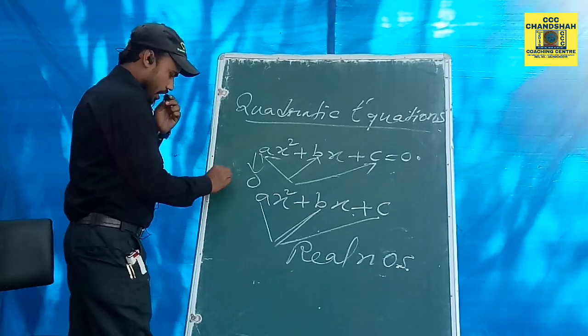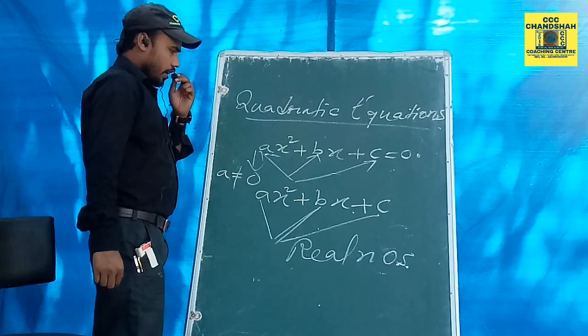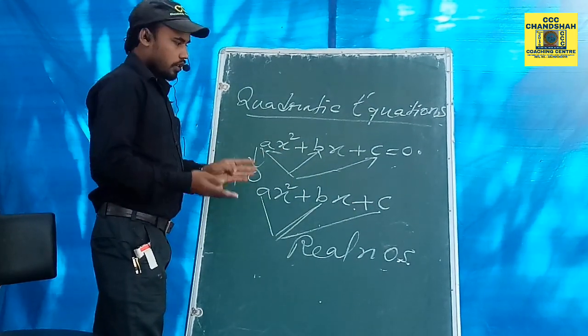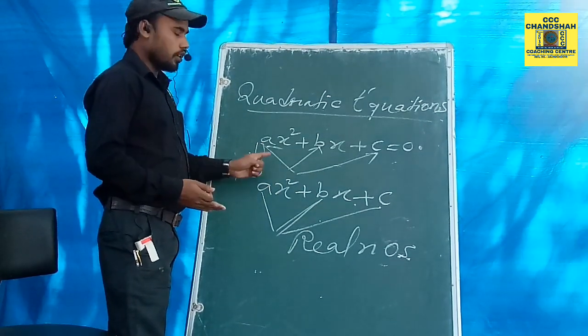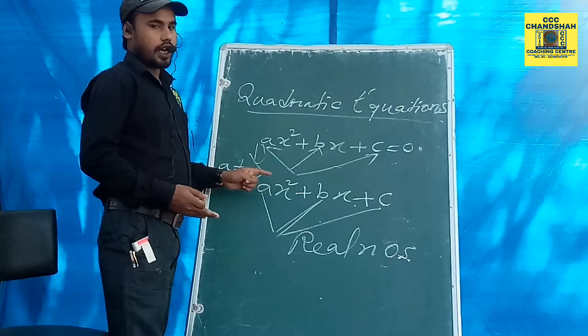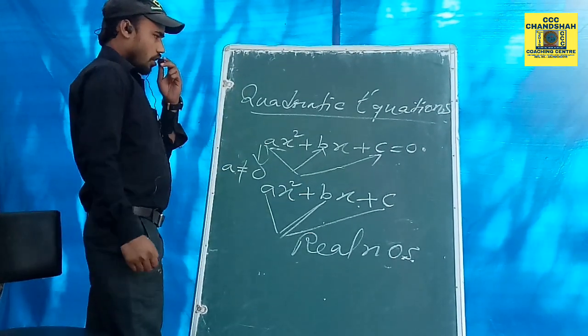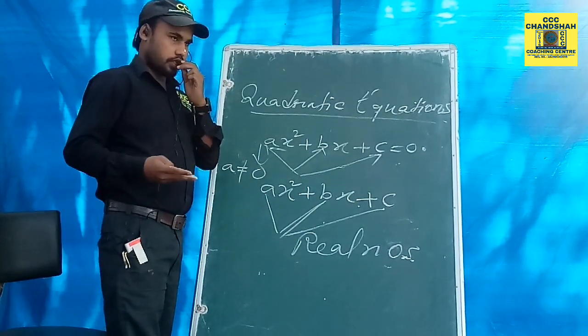That means a is not equal to 0. Whenever you equate this polynomial with 0, then it is called an equation. So now you have learned what quadratic equations are.